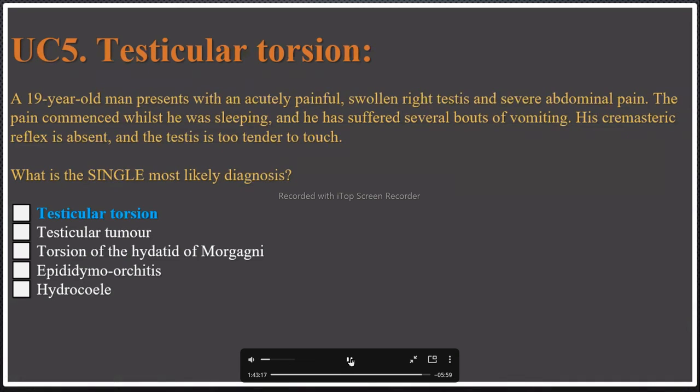If highly suspected from examination, urology. From this scenario, is it equivocal or highly suspicious? Very high suspicion. So the next action is urology referral directly.